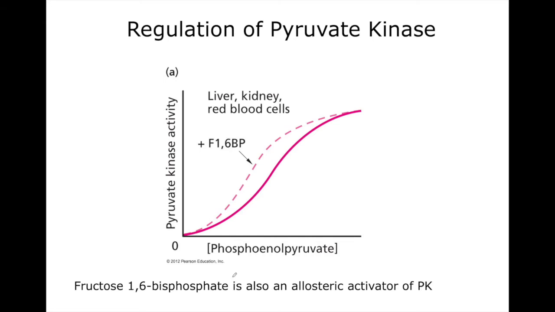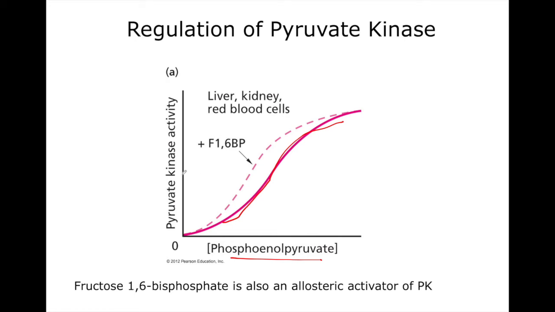Here you can see pyruvate kinase activity versus its substrate, phosphoenol pyruvate, in the presence and absence of fructose 1,6-bisphosphate. The curve to the right, the sigmoidal curve, is in the absence of fructose 1,6-bisphosphate, and we have less activity.